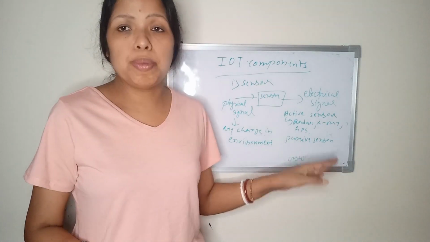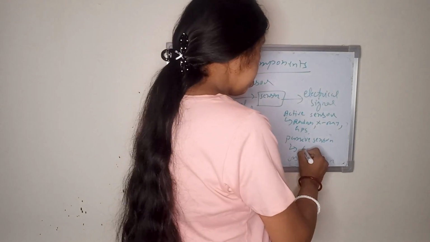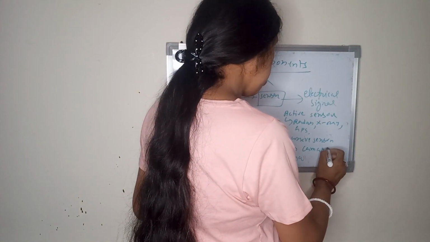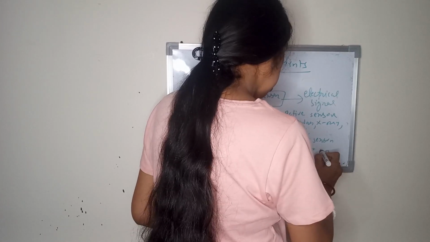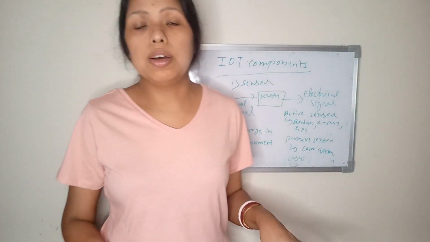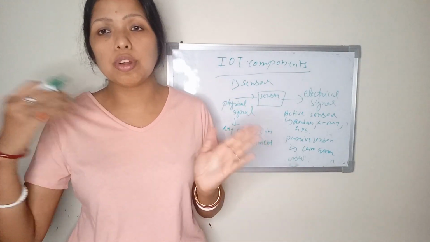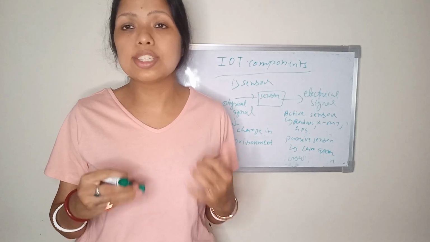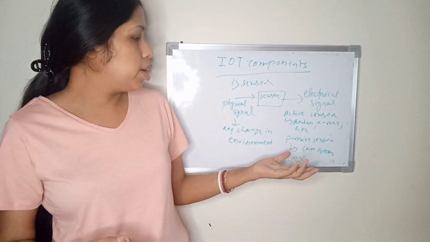And the passive sensor, suppose a camera. A camera is a passive sensor. Using the camera, you are not storing the present data. You are collecting data, and after some time you are sending this data. This is not real-time data, so this is a passive sensor.